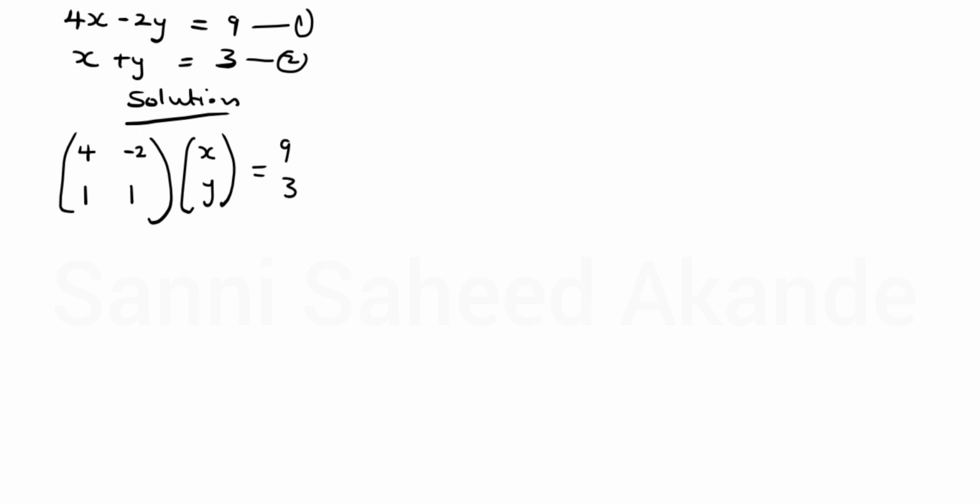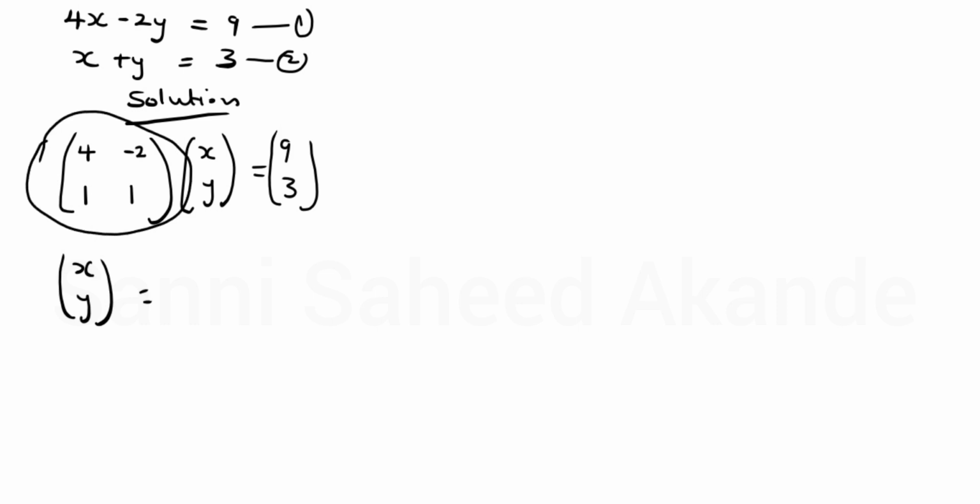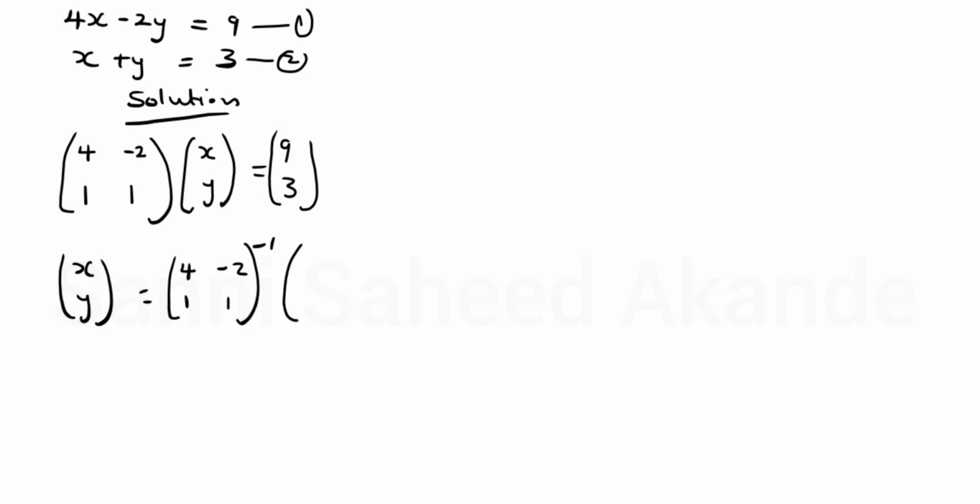All right, so x and y will be equal to the inverse of this matrix here. This matrix, that's why I'm going to write it right here now. So the inverse will be 4, minus 2, 1, 1, then everything raised to the power minus 1. So that is the inverse. Okay, then multiply by 9 and 3.